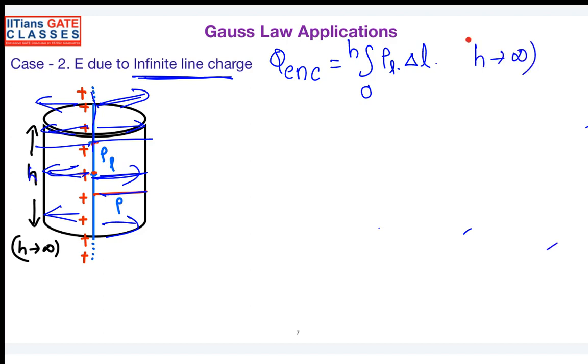I was integrating the line charge density over the whole length by assuming h tends to infinity. So does anybody have objections here? Ideally speaking, the charge is infinite, but to make it a finite quantity, a finite integration, I was integrating from 0 to h where h tends to infinity. So is my assumption okay? Is it correct?